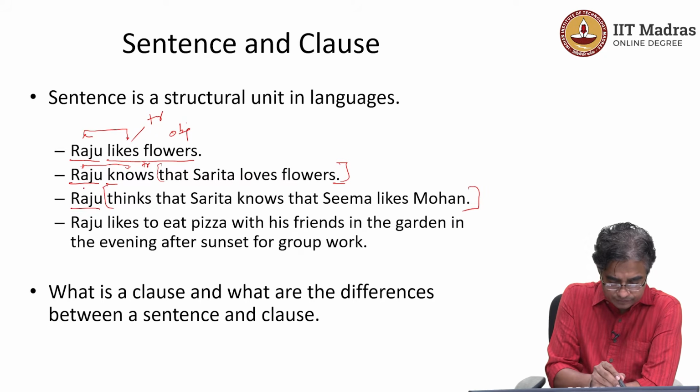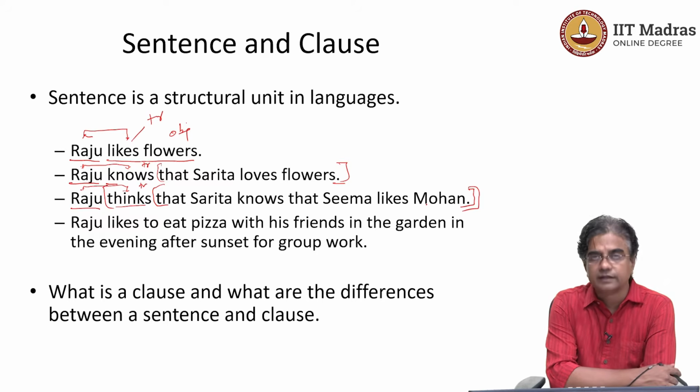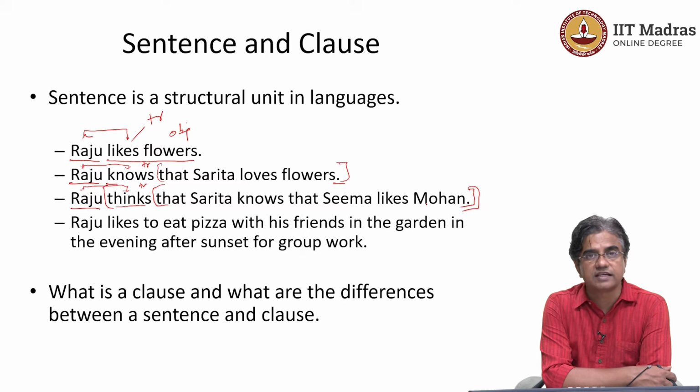Here is the verb, and the agreement between subject and the verb. Again it's a transitive verb, and this whole thing, that Sarita knows that Seema likes Mohan, is the object of this transitive verb. Thus, it's a sentence.